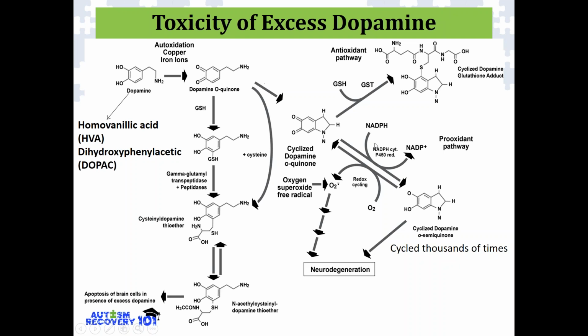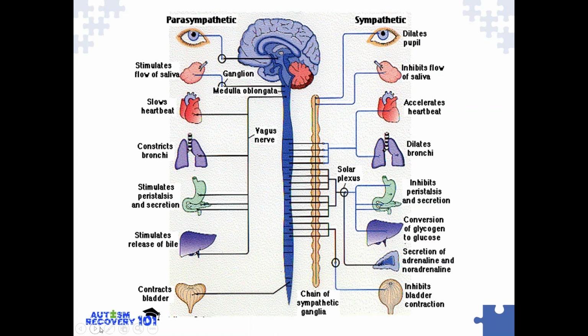Okay, so excess dopamine can generate a lot of oxidative stress, and in part can actually contribute to the depletion of glutathione, which we know we need to help protect our cells against toxins. Turns out that also dopamine, when it's elevated, can infiltrate the brain and nervous system.